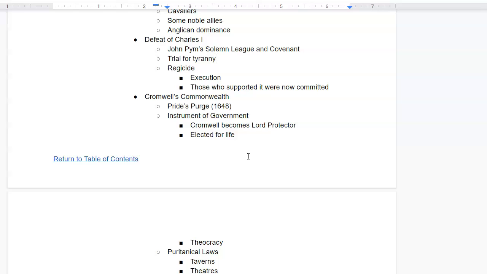They pass a constitution called the Instrument of Government that effectively gives Cromwell Lord Protector status over the so-called Commonwealth. It's not an empire, it's not a republic, it's a Commonwealth where Oliver is the Lord Protector and he looks out for the common good of all, and he's elected for life.